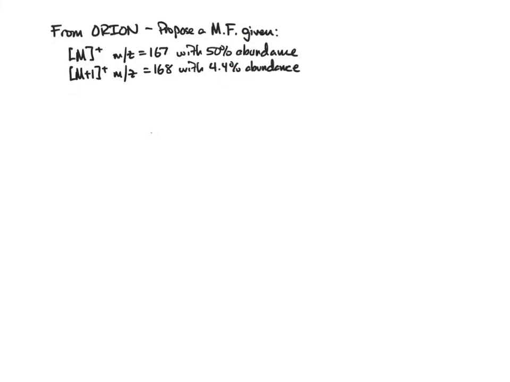So let's write down a couple of clues here. So number one, the parent ion has an odd mass. That's important because that indicates there is an odd number of nitrogen atoms present.